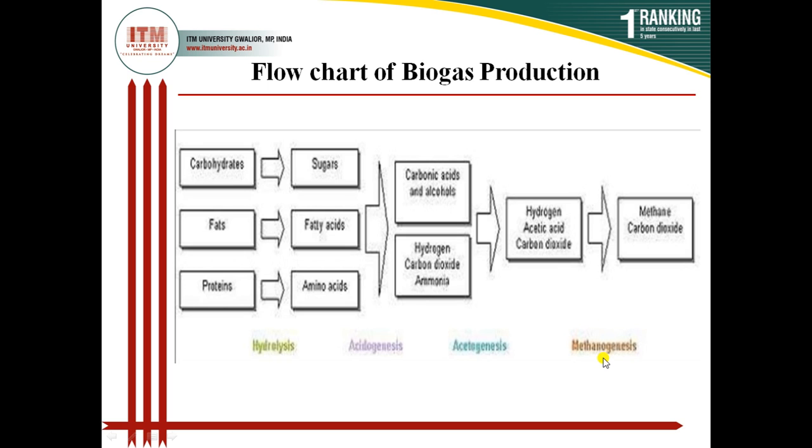Then the methanogenic bacteria feed on it in the absence of oxygen and generate methane. That's why they are known as methanogenic bacteria. They produce the end product, which is biogas. This biogas is not only a combination of methane and carbon dioxide, it is a combination of methane, carbon dioxide and hydrogen sulfide.